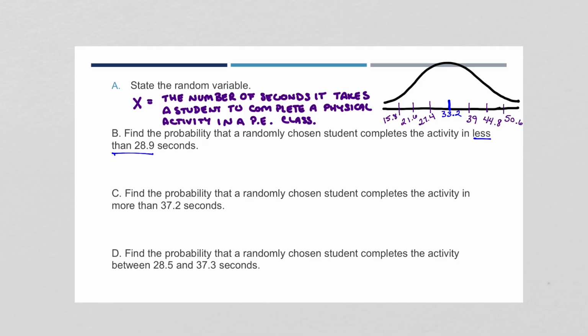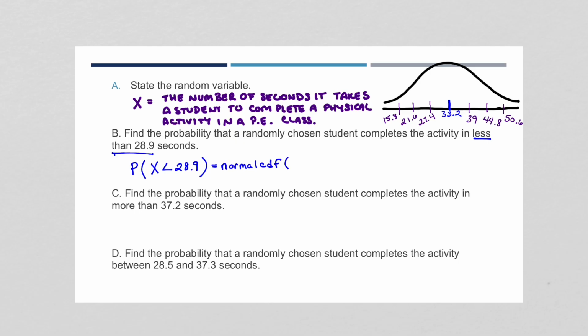So my probability notation is going to be the probability that my randomly selected student's time is less than 28.9 seconds. I don't need to include the unit of measure in my probability notation. If I were entering this into my calculator, we know that we're going to use the normal CDF function.